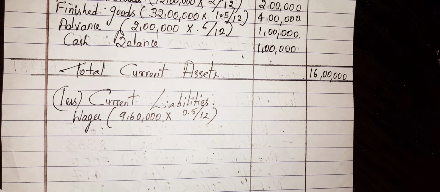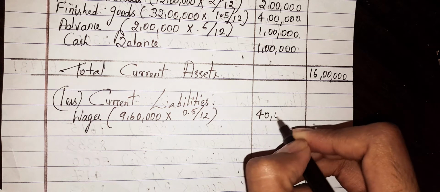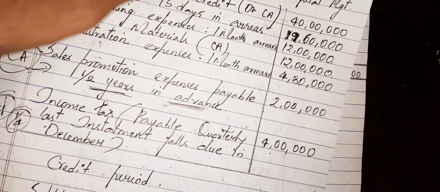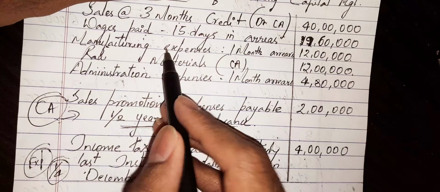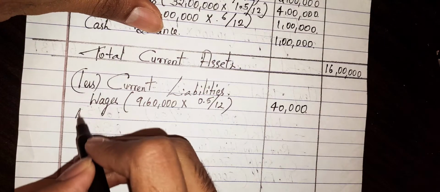So 9,60,000 into 0.5 divided by 12, it will be 40,000. Next, you have manufacturing expenses 1 month arrears, value is 12 lakh.